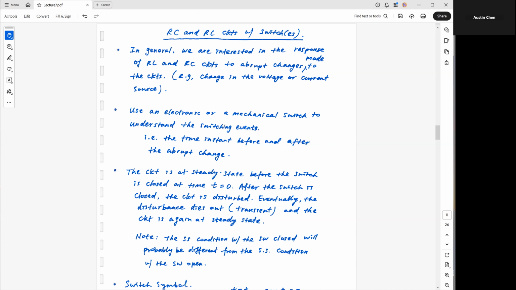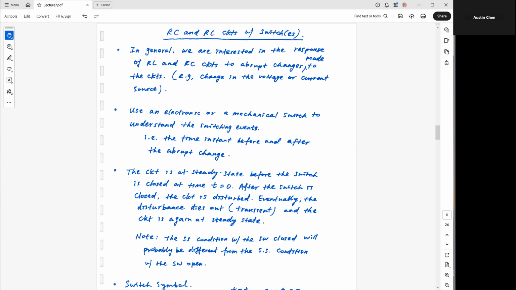To emulate that kind of scenario, one thing we can do is use a switch. Whether it's a mechanical switch or electronic switch, in this course everything is electronic, so we will use an electrical switch to emulate this switching event.